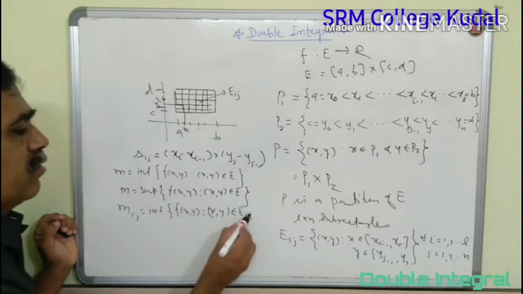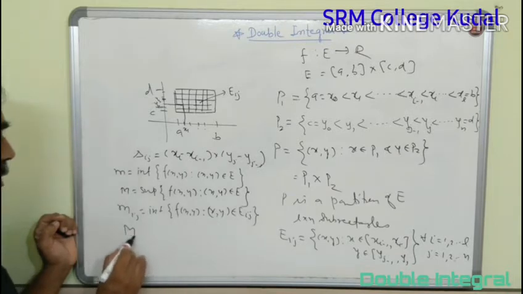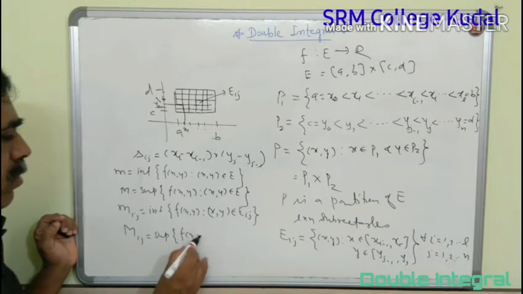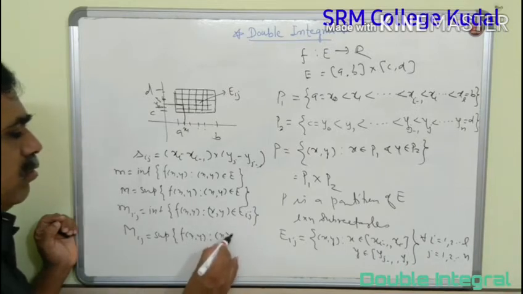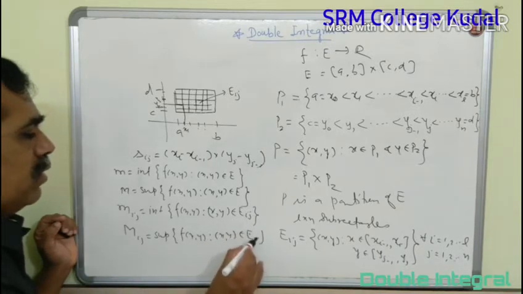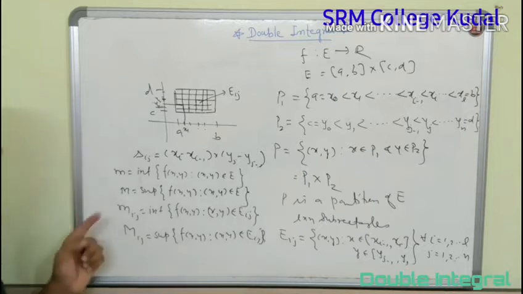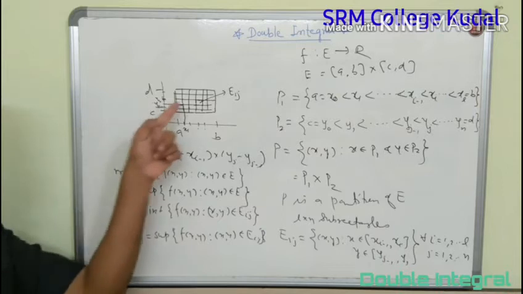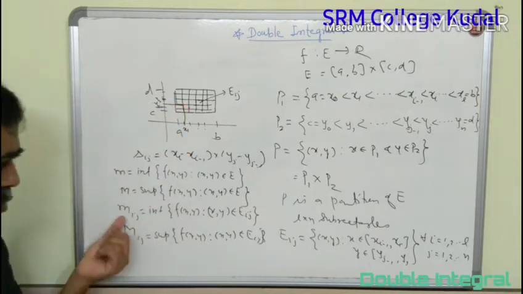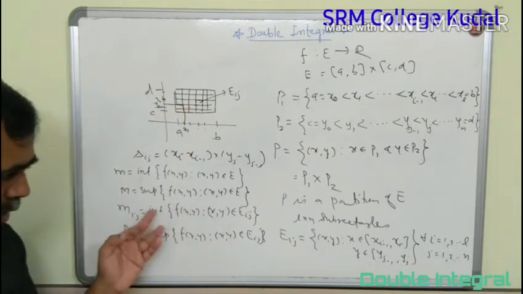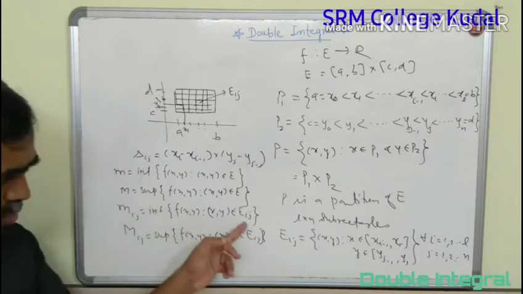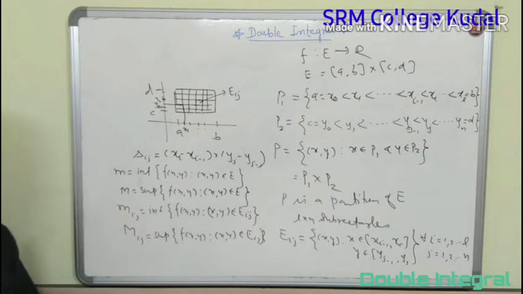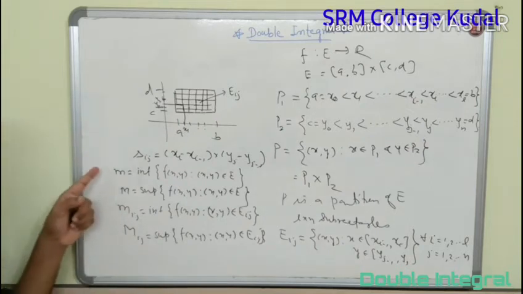Now what we will do is define the infimum of f on E_ij, the ijth subrectangle, and similarly we will define the supremum of f on the subrectangle E_ij. So this is how we define infimum of f on whole of E, supremum of f on whole of E, and small m_ij and capital M_ij being the infimum and supremum of f on E_ij.